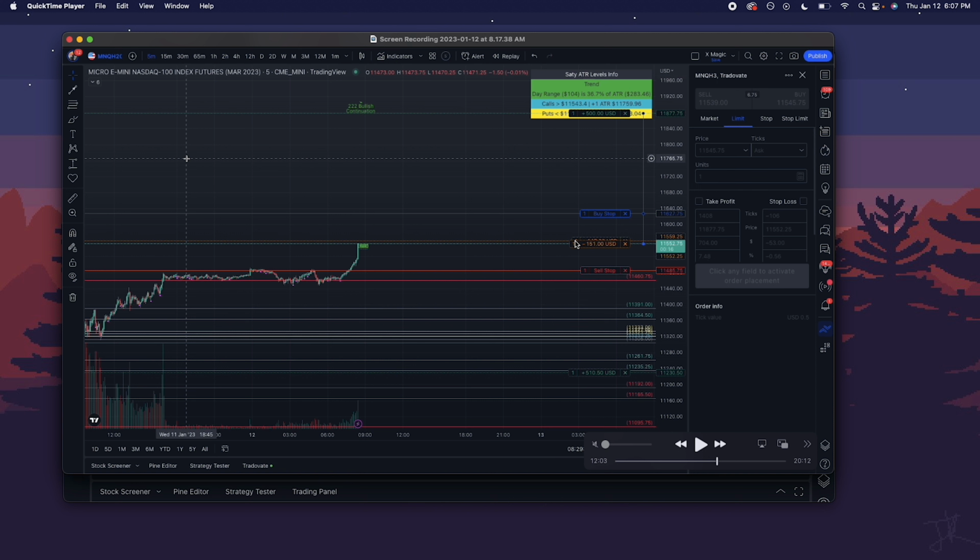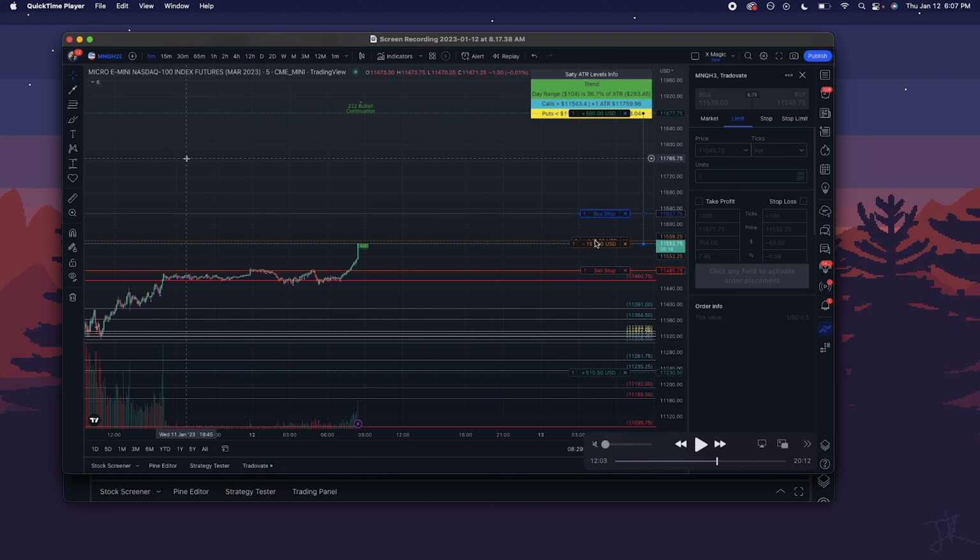Now, something to quickly note. When you're anticipating these moves, I usually give myself room. So for example, here I have the sell stop all the way down here, and then I have my stop loss here, and then I have my buy stop up here, and then the opposite order to get me out, the stop loss, somewhere around this area.